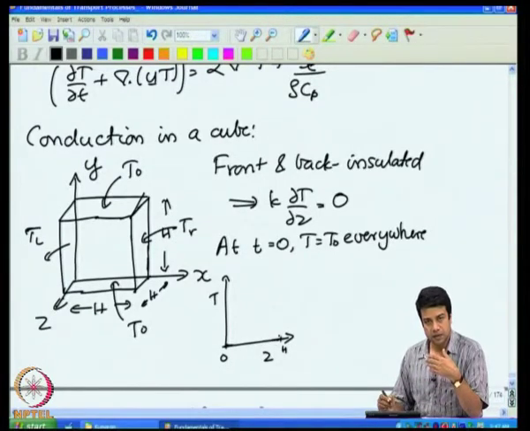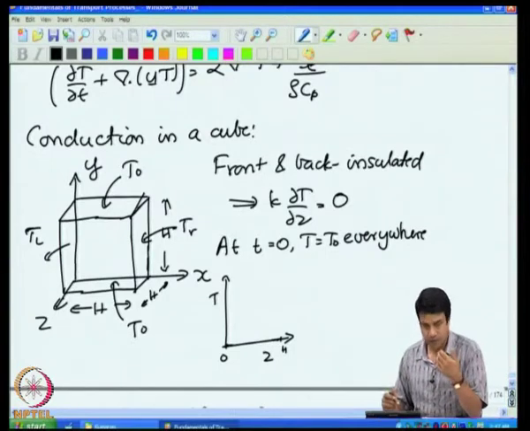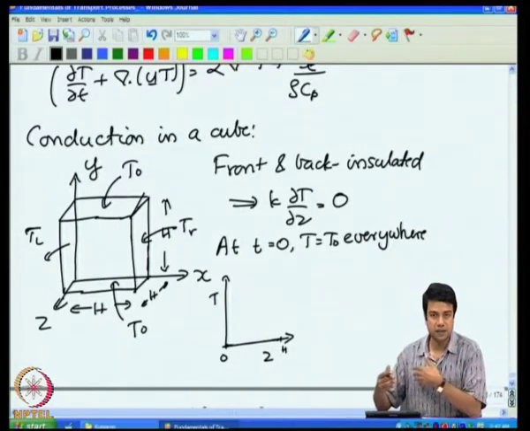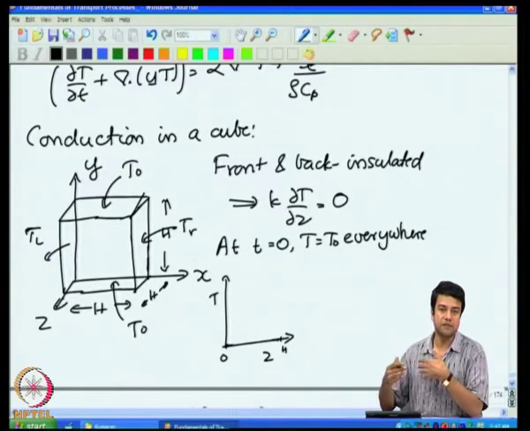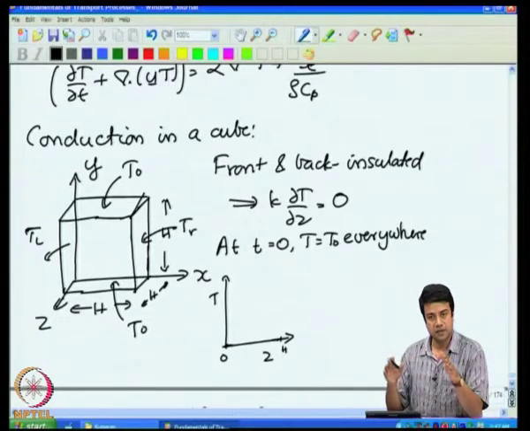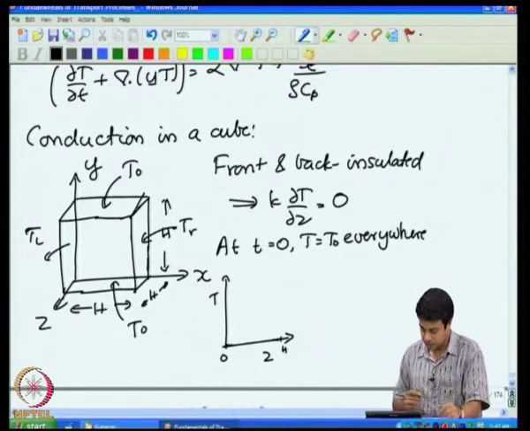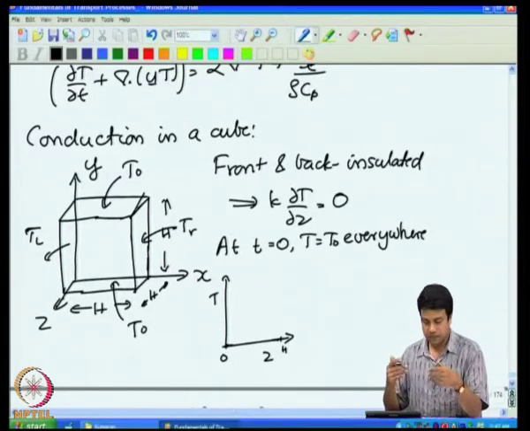So, therefore, there is no forcing on the front and back faces. There is nothing to keep the temperature different from the initial temperature in the front and back faces. Since there is no heat flux in that direction, one would not expect any variation of temperature in that direction. There will be a variation of temperature only when the flux is non-zero, so that the temperature gradients are non-zero.